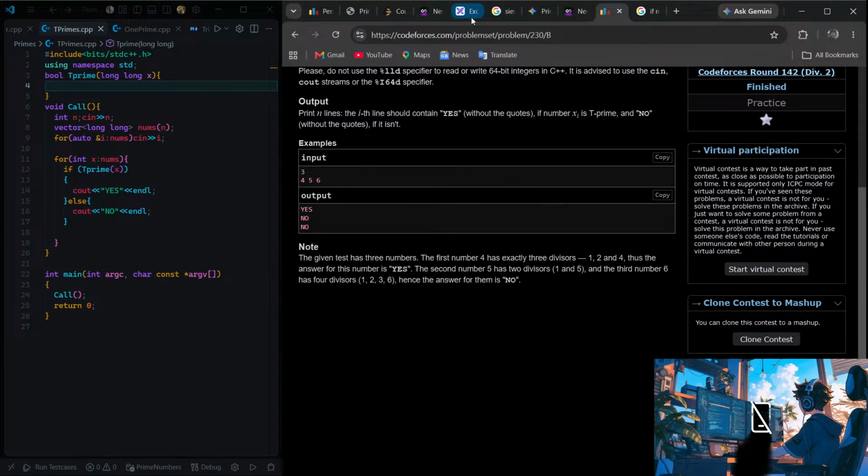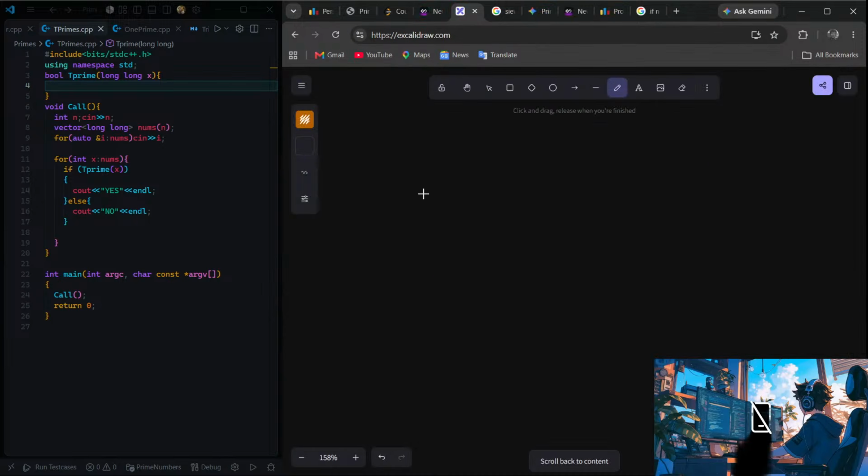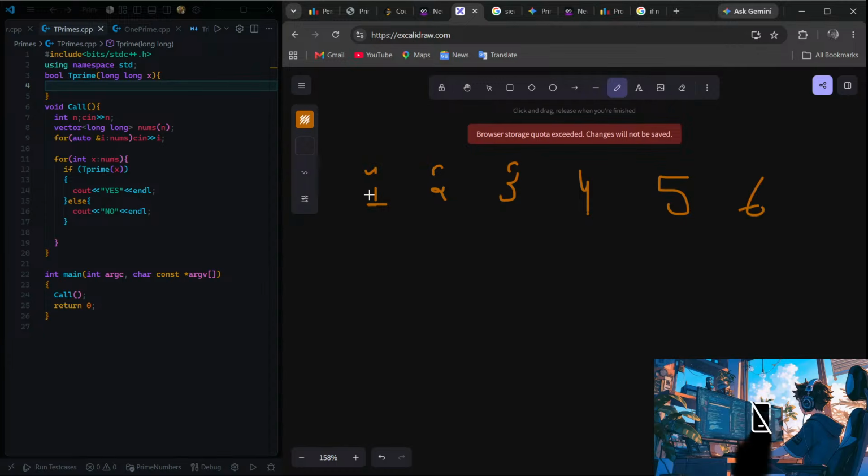If I see that one is there, two is there, three is there, four is there, five is there, six is there, or any number is there, this is not a prime. This is a prime number. This is a prime number. But I am not starting from this point, I am starting from zero.